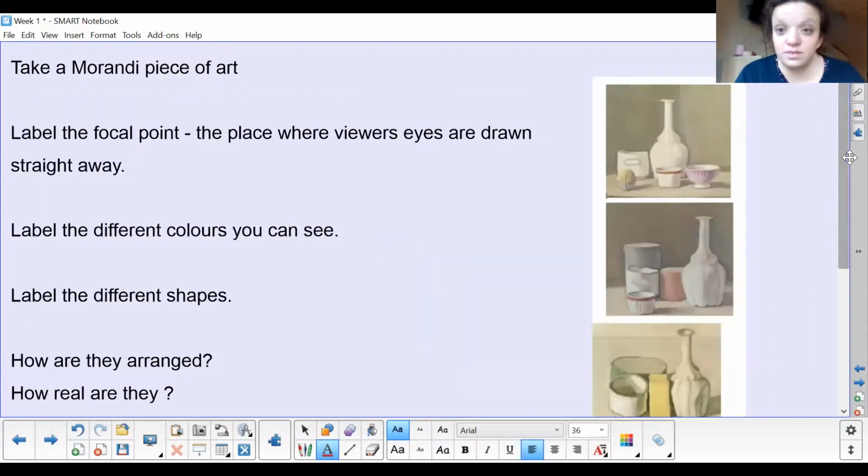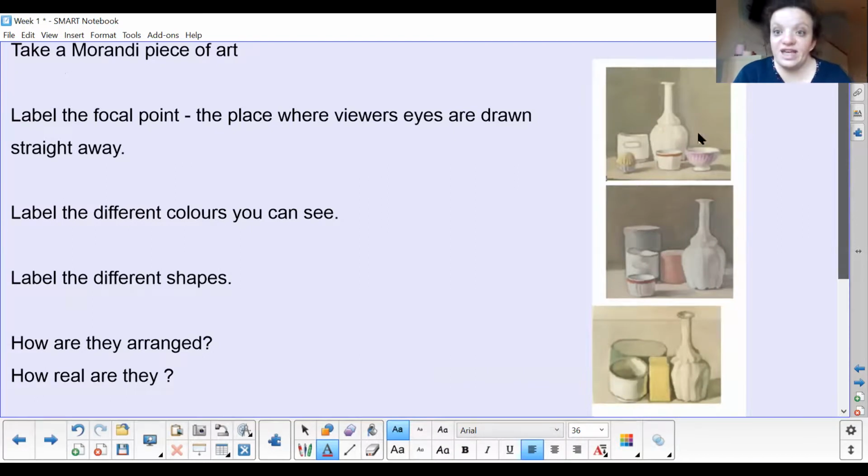So over here, we've got 3 pictures. I want you to think about one of these pictures. You can't label it because obviously you haven't got it in front of you, but if you've got one on the internet, you can print it off. But I want you to label or talk about where the focal point is in each of these pictures. The focal point is the place where the viewer's eyes are drawn straight away, where they're made to look.